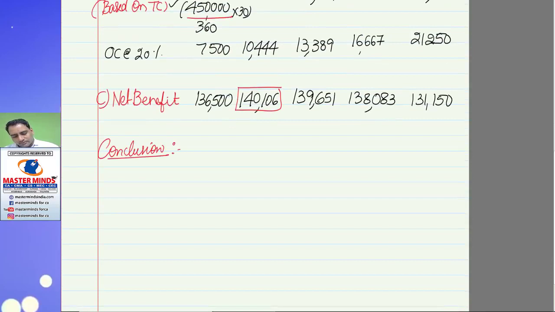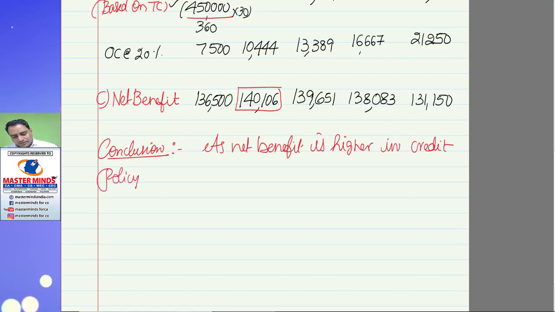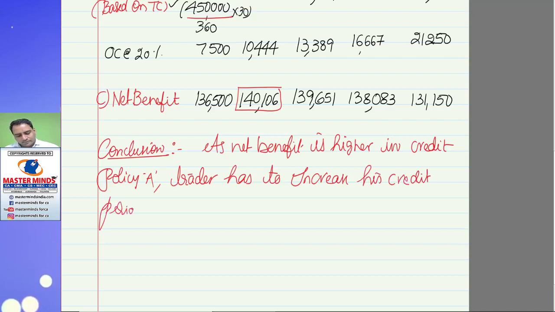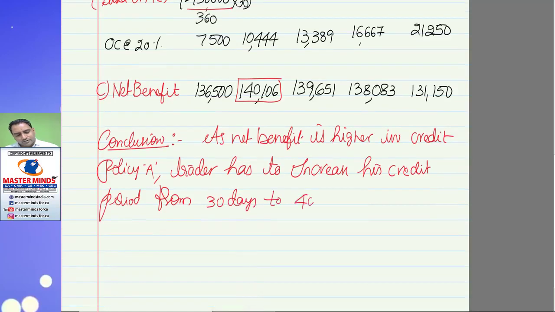So conclusion: as net benefit is higher, with credit policy A, the trader has to increase his credit period from 30 days to 40 days.